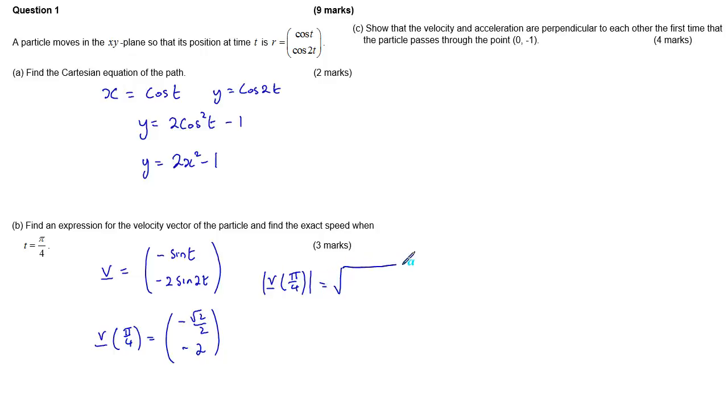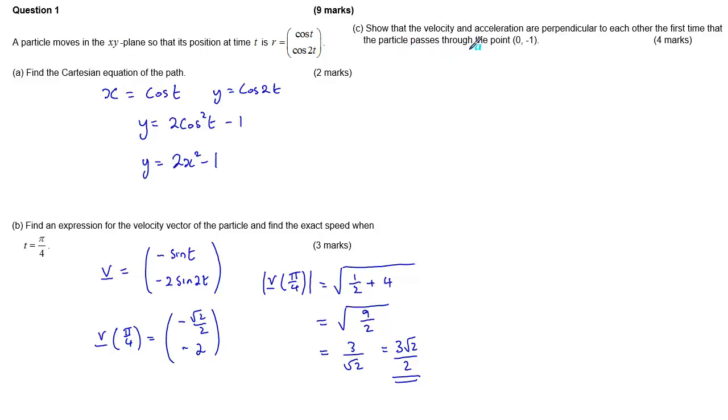So that's going to be the square root. If we square this, we get 2 over 4, or a half. Add 4, so that's the square root of 9 over 2, which is root 9, which is 3 over root 2, and 3 root 2 over 2 if we multiply top and bottom by root 2 to rationalize the denominator.